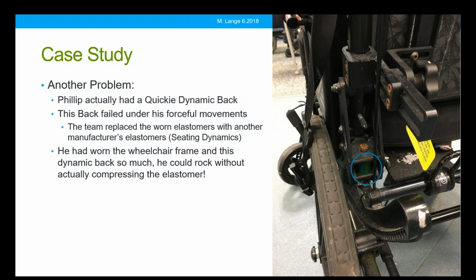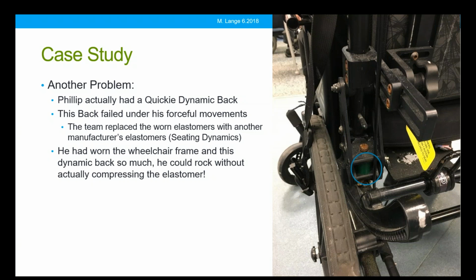When I looked at the back of this seating system and noticed the Quickie dynamic back, I noticed the elastomers in there were the wrong color. The elastomers that came with the Quickie dynamic back had gotten quite worn, and so the team there at his facility had found some elastomers actually from a seating dynamics back.